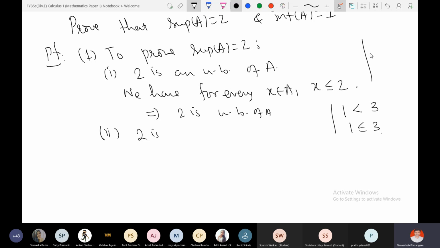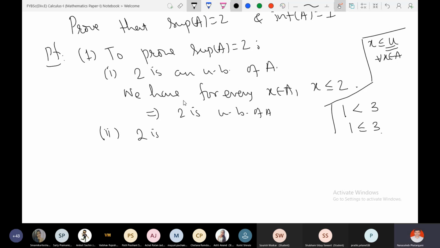Because our definition of upper bound is: U is an upper bound if every member of the set is less than or equal to U. To be consistent with our definition I am writing less than or equal, which is not wrong at all. Otherwise you can say it is strictly less, so ultimately it is an upper bound, that is also right.